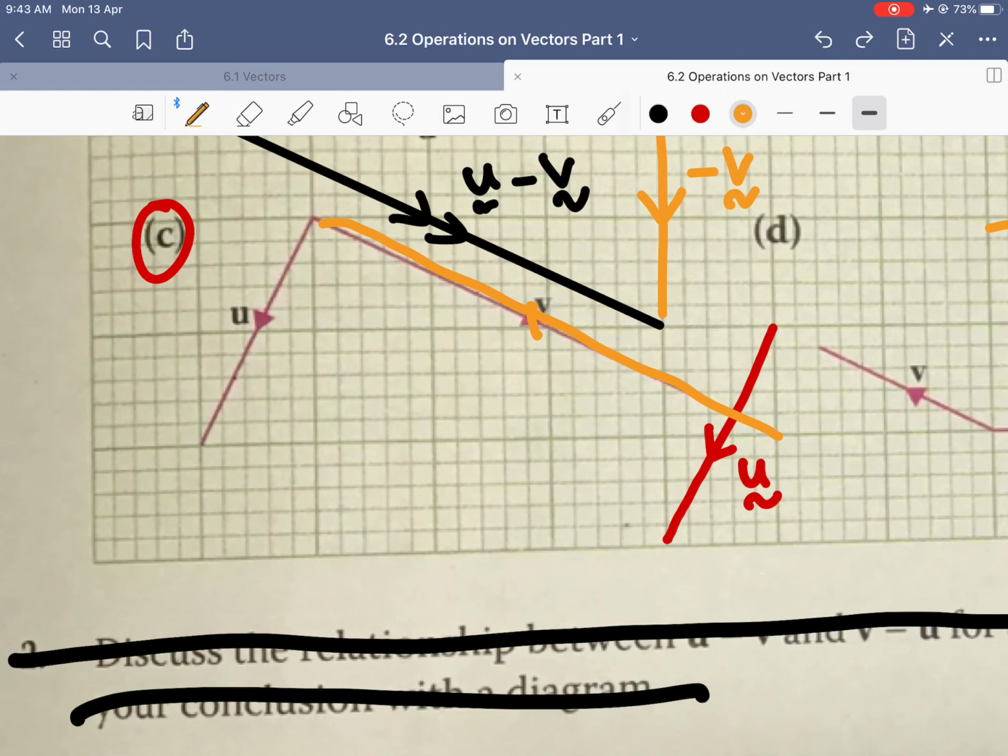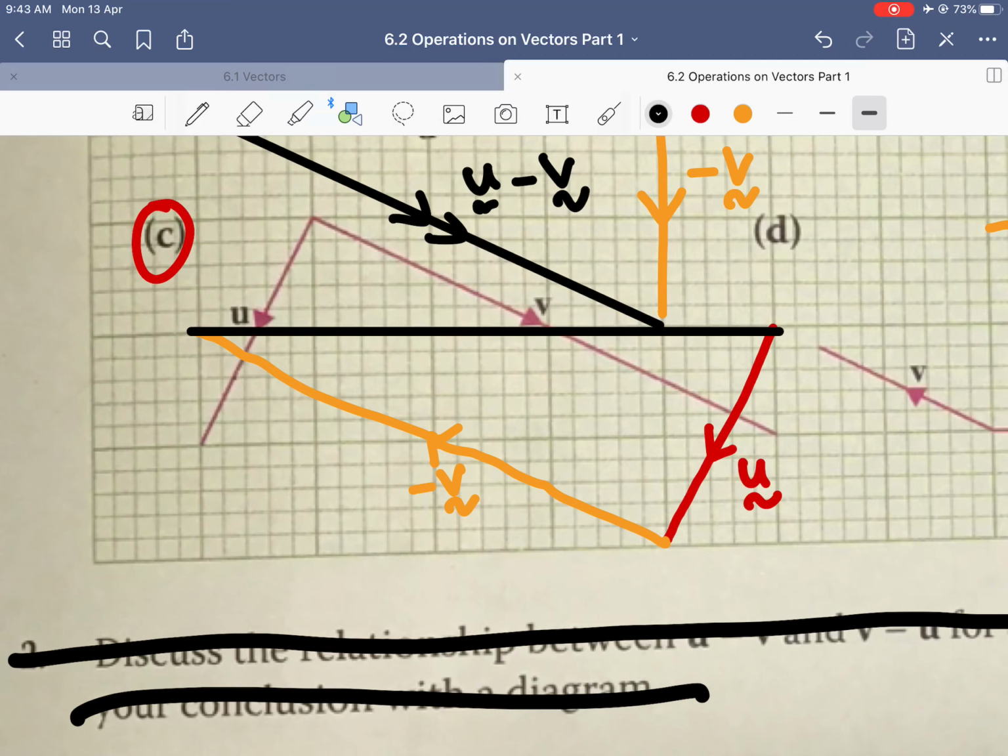This will be negative v. It's going the other way. I've already drawn the vector u down here. Now I need to draw negative v, 1, 2, 1, 2. And this will be negative v. So my resultant for part C of vector u minus vector v, once again I draw it in black, will be this one here. This vector here is u minus v.